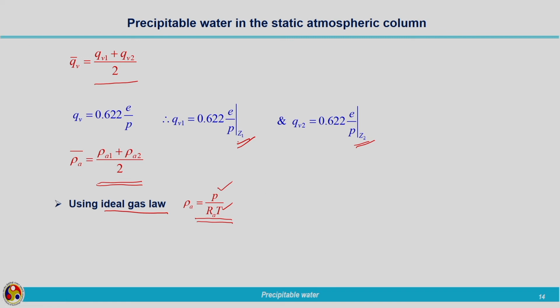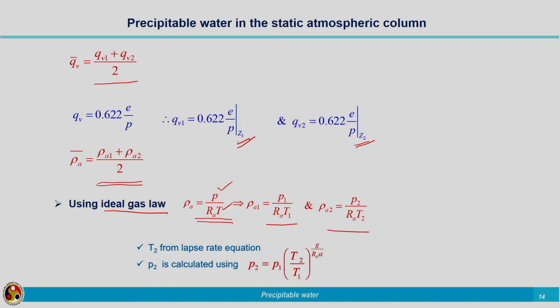So, rho A1 is obtained by using the expression P1 by RAT1. In a similar way, rho A2 is given by P2 divided by RAT2.